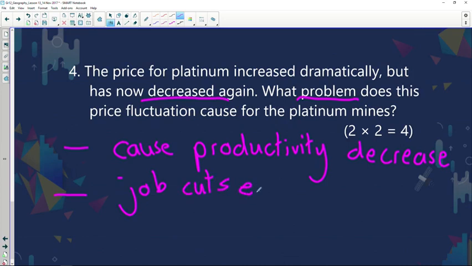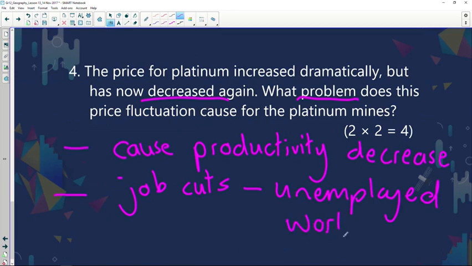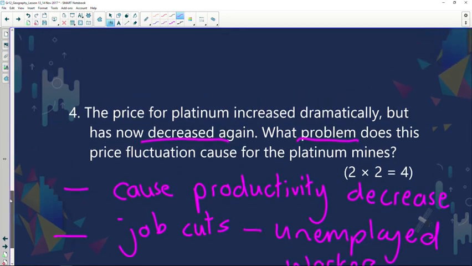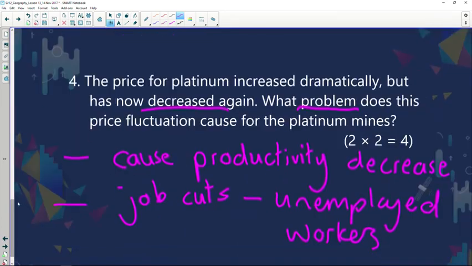And that will lead to unemployment. And unemployed workers, that can be of great concern because that means the standard of living of those mine workers will decrease.